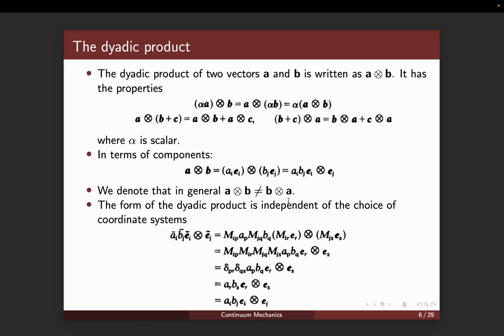One can show that the dyadic product of A and B is not equivalent to the dyadic product of B and A. And also the dyadic product is independent of the choice of the coordinate system. We can see from here that the dyadic product of A and B in one coordinate system is equivalent to the dyadic product in the other coordinate system.